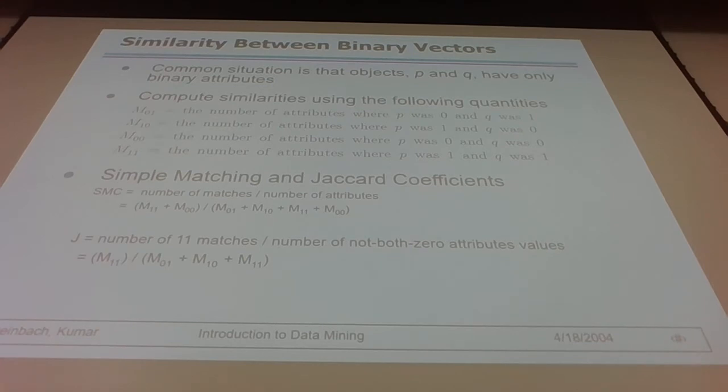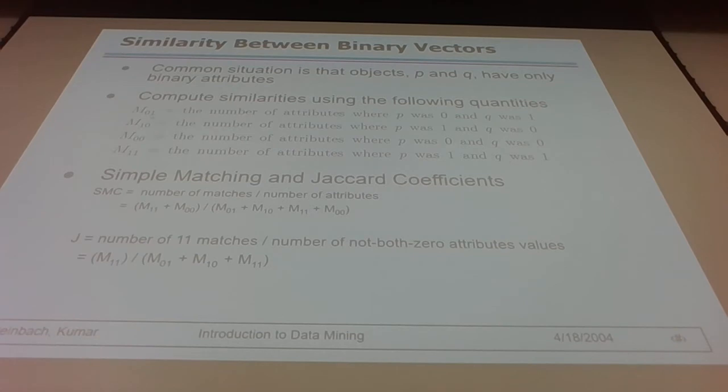Matching is the number of matches divided by the total number of attributes. If you have a two-dimensional system, then it can have all these values, where P is one data point and Q is another data point.